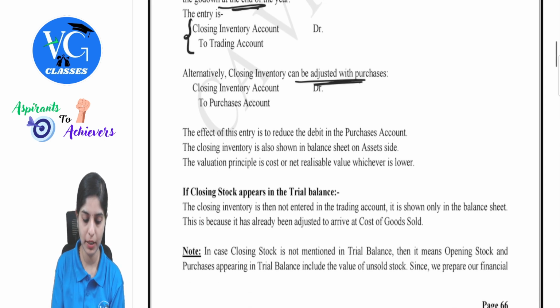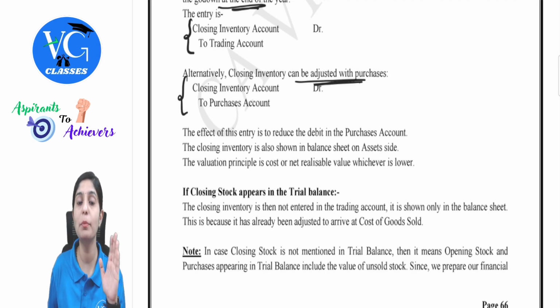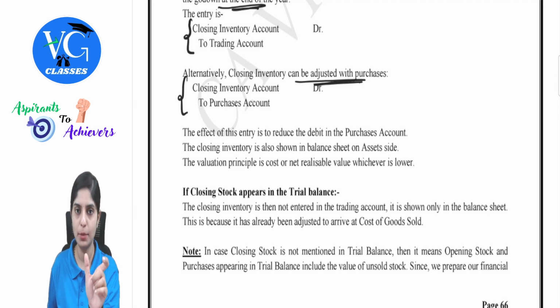So at that particular time, the entry will be closing inventory account debit to purchases account. Remember, while I incurred purchases, I would have debited because it is an expense, purchase account debit. Now, out of the total purchase, I am not consuming the entire thing in the current year. So, purchase was an expense.